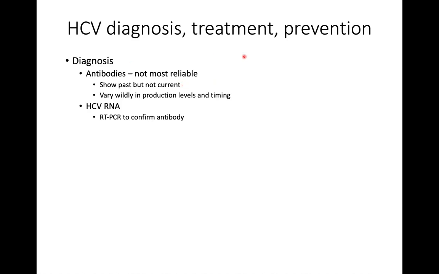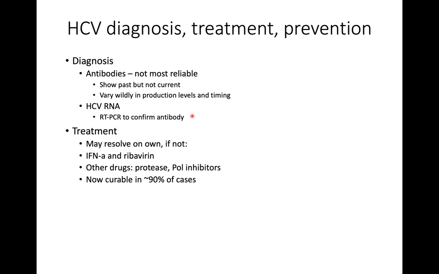And those antibodies can vary wildly in levels and in timing. So we may see that some patients mount that immune response a lot more quickly, for some a lot later. The levels may be below the limit of detection at some times and not at others. So we can look for those, but we need to do that in conjunction with something like real-time PCR for hepatitis C RNA. This would confirm any antibodies that suggest it's a hepatitis C infection.